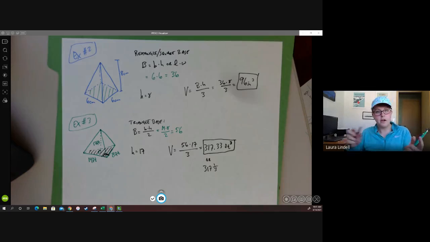Okay, so those are kind of the 3 different types of problems that you are going to see. You'll have a cone, you'll have the rectangular base pyramid, and you'll have the triangular base pyramid. Any questions about any of those 3 or any that we want to go back to? Okay.